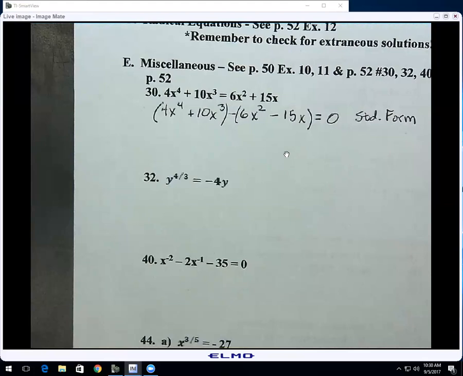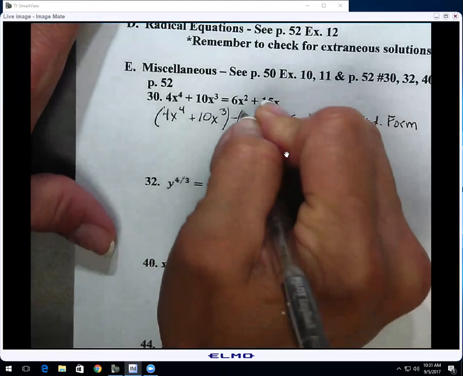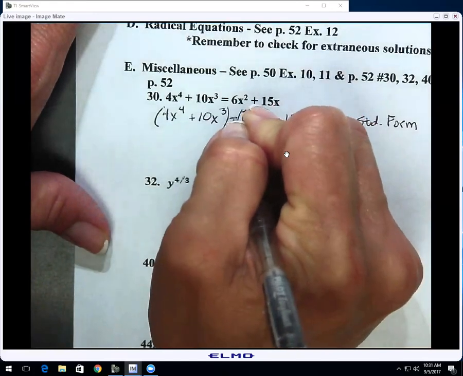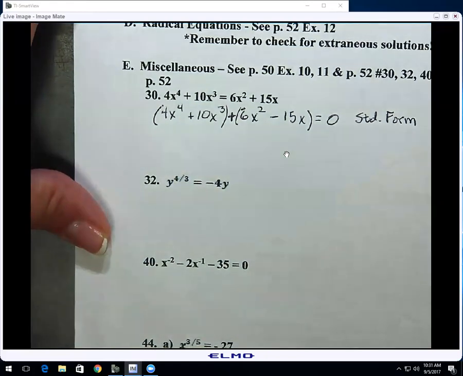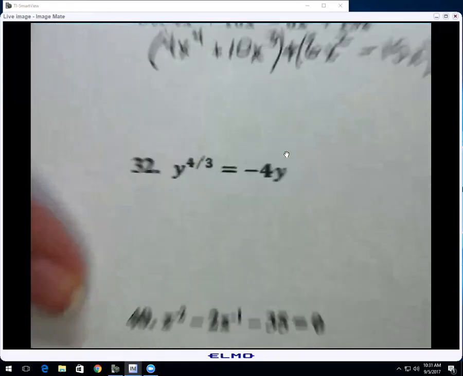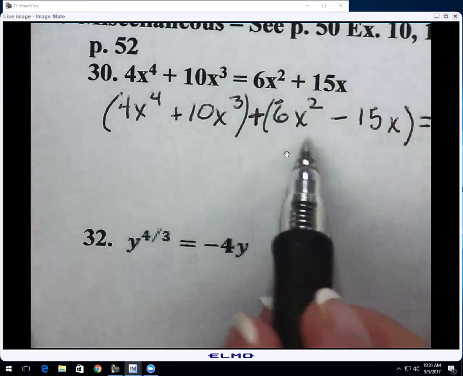Don't ever catch the negative outside the parentheses, or it's not equivalent to what was on the line above it. That would give me a positive 15x, and that's not what I had before the parentheses. So I need to catch the negative inside the parentheses and change that to plus outside the parentheses. I just barely had room to squeeze in a negative right there before that 6x squared.